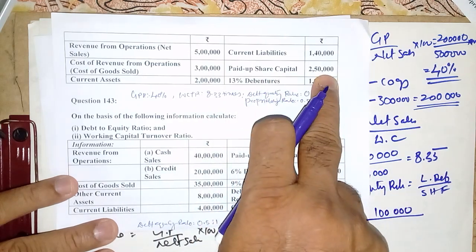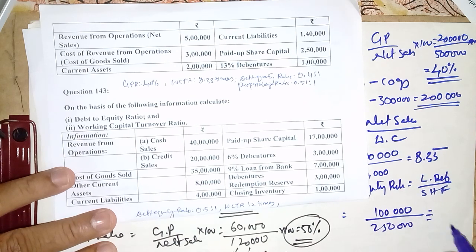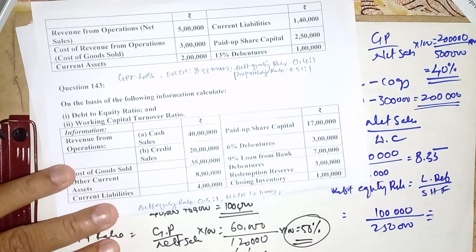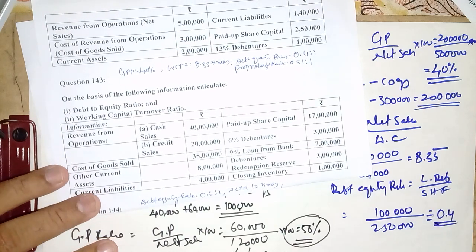Share capital is directly given to us, so share capital can be taken as shareholders fund, 2,50,000. So 1 lakh divided by 2,50,000 is equal to 0.4. We can say 0.4 is to 1.